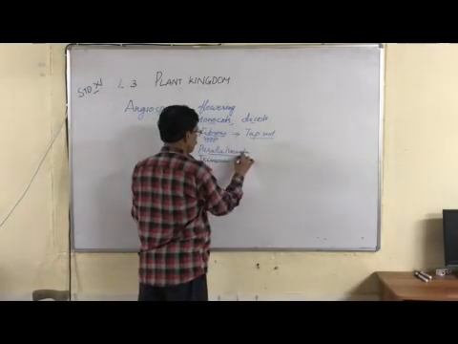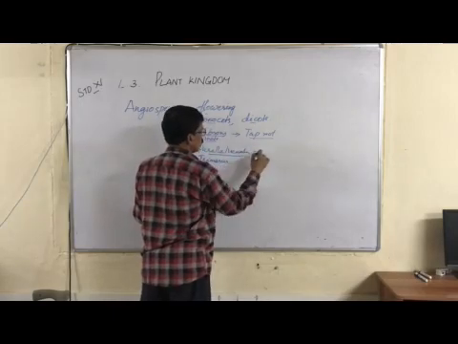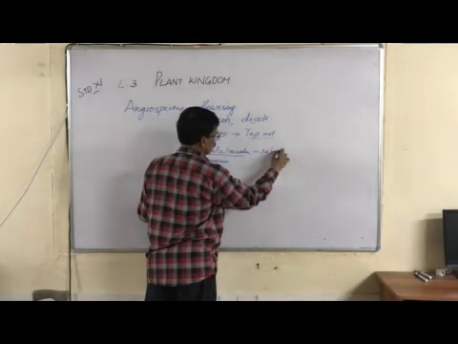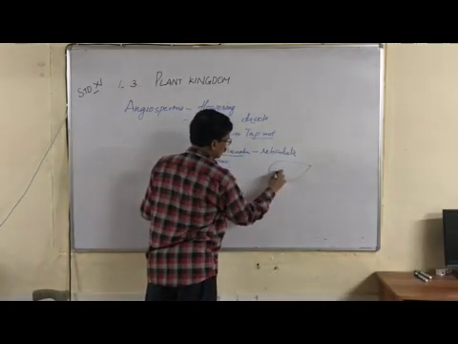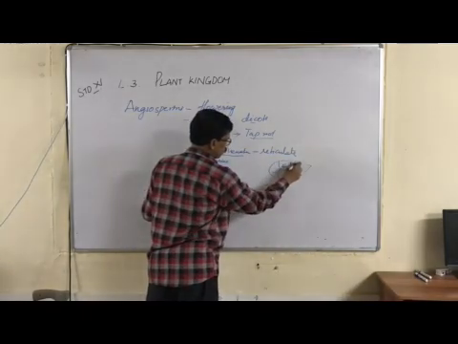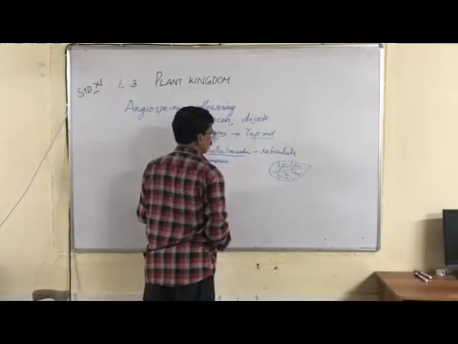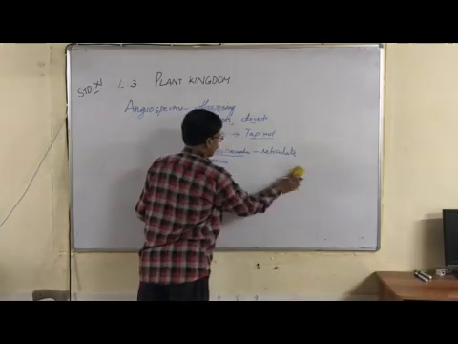Monocot leaves have parallel venation and dicots have reticulate venation, where the veins branch and rebranch to form a network-like pattern, called reticulate venation.